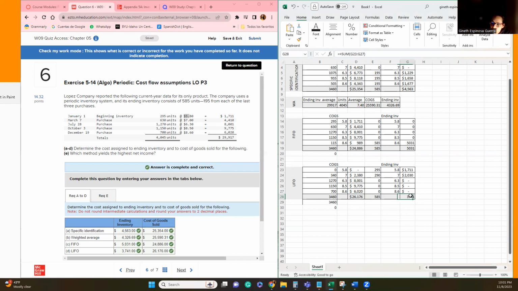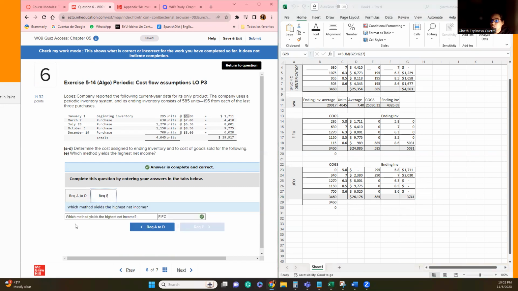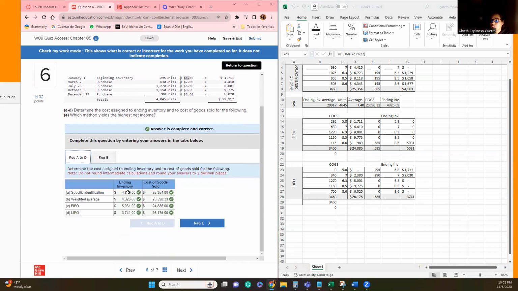Those are added in here. The last part asks which method leads to the highest net income, and if we look here, the highest income in this case is the FIFO system.